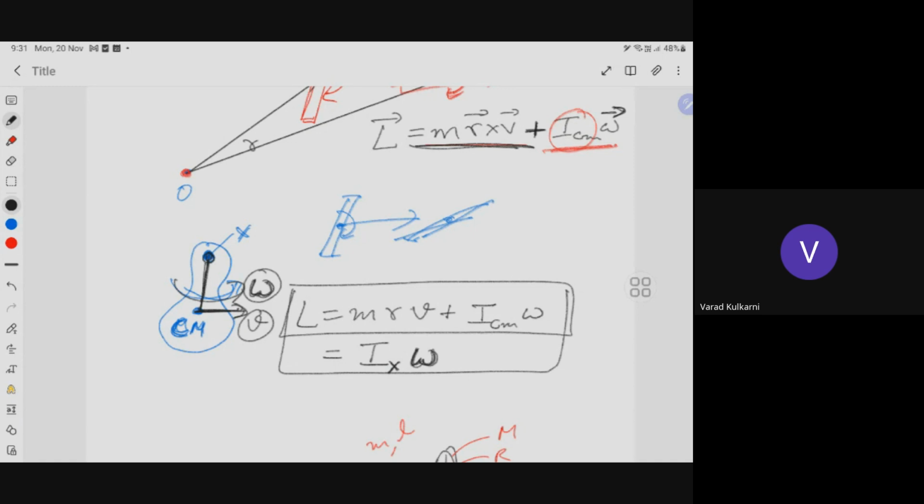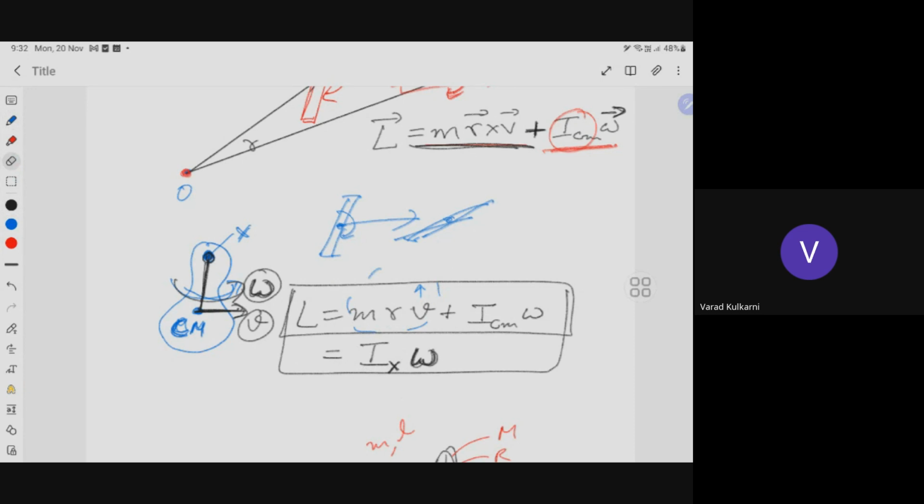Because as you can easily see, this v can be written as r omega. So this part will become mr squared omega, and then there is the I_CM omega. So if I take omega common, it is mr squared plus I_CM. And mr squared plus I_CM is nothing but I_x using the parallel axis theorem.